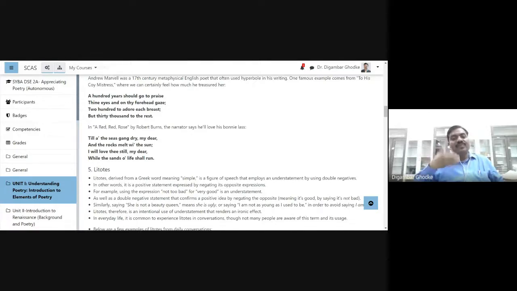Even if time passes and we become old, then also I'll keep loving you. So this suggests the beautiful use of exaggeration, hyperbole. I hope these two examples help you understand the use of hyperbole in poetry.